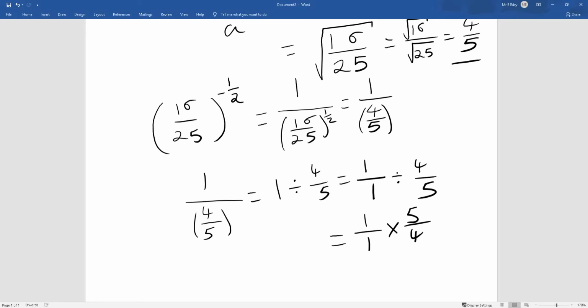Remember, when we divide by a fraction, we keep the first fraction the same, we change the divide to a times, and we flip the second fraction. And then when we multiply fractions, we times the top by the top, so 1 times 5 is 5, bottom by the bottom, 1 times 4 is 4, so our answer would be 5 over 4.